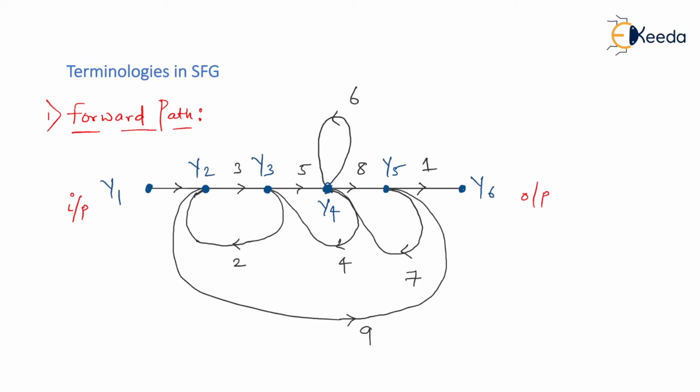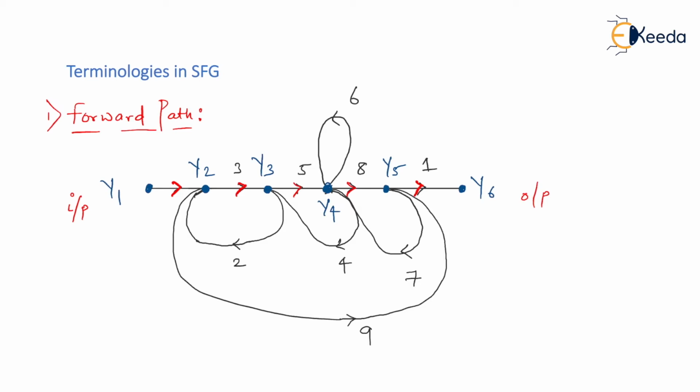So you have to travel from y1 to y6. As you can see, you can travel in this way only. And there is no other possible forward path, am I right? There is no other possible forward path that you can travel from y1 to y6 that you may feel at first chance. But first of all, let me tell you, there are two forward paths here.